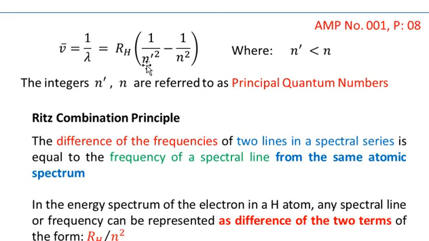For a given series, n prime will be fixed. For example, for the Lyman series, n prime is equal to 1, but n will change from 2, 3, 4, and so on. For the Balmer series, n prime will be equal to 2, fixed for the whole series, and n will then change from 3, 4, 5, 6, and so on. Similarly for the other series, n prime will be fixed, whereas n will take integer values according to this relationship.